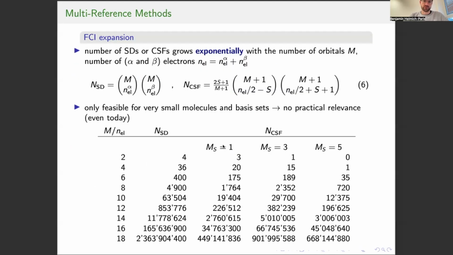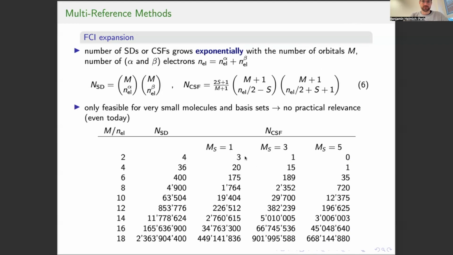So in principle, our multi-reference calculations could be very accurate. However, the problem is that the number of Slater determinants or configuration state functions that we can construct grows exponentially with the number of orbitals and number of electrons. If you have only 2 electrons in 2 orbitals, you can construct 4 Slater determinants.